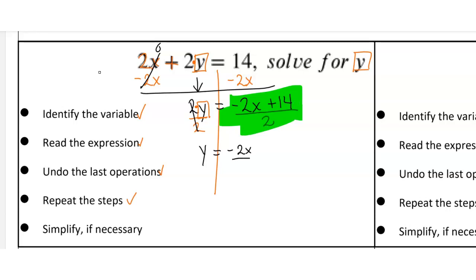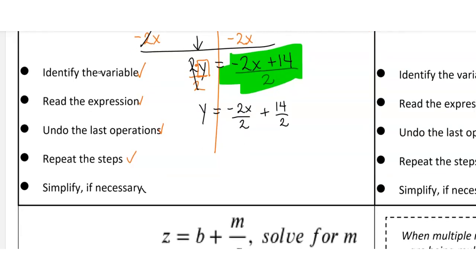Negative 2x divided by 2. And then my second term is 14, and that one is also being divided by 2. We're simplifying. y is equal to negative 2 divided by 2. That gives us 1. So negative 1x. And 14 divided by 2 is 7.